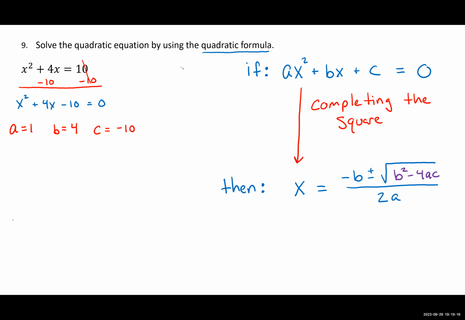Completing the square is similar to the quadratic formula in that they both always work. 100% of the time, they're going to give you your answers. Solving by factoring, like we did in the last problem, doesn't always work because you can't always factor every quadratic expression. So factoring only works when you can factor. Completing the square is a little bit algebraically cumbersome.